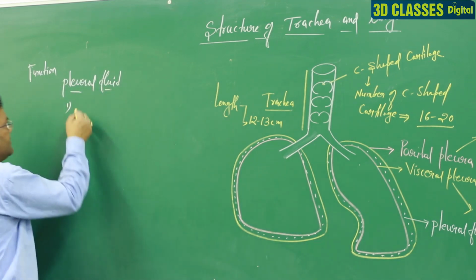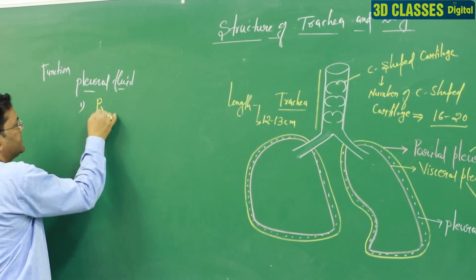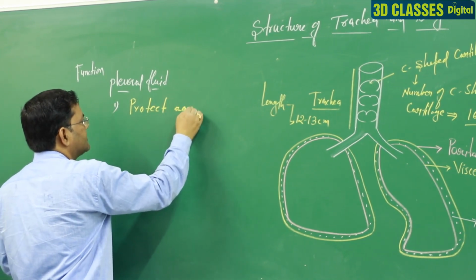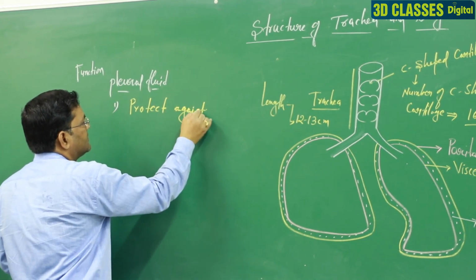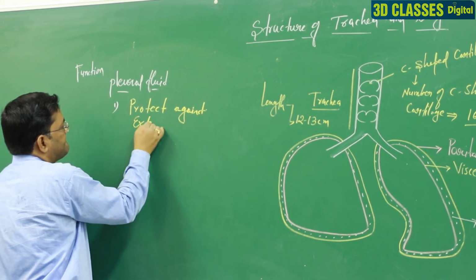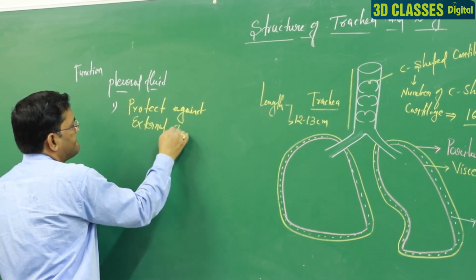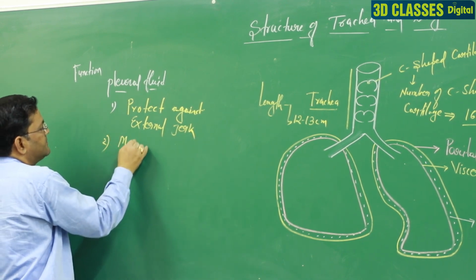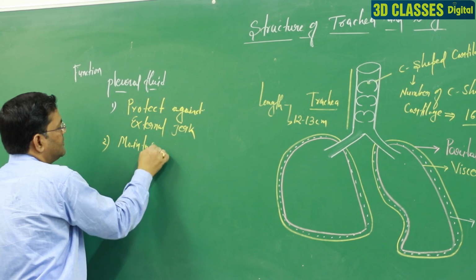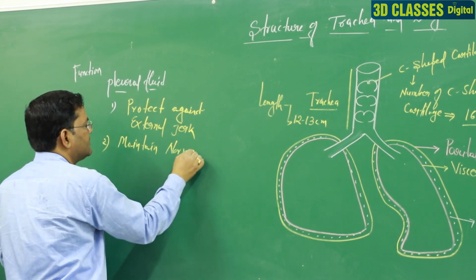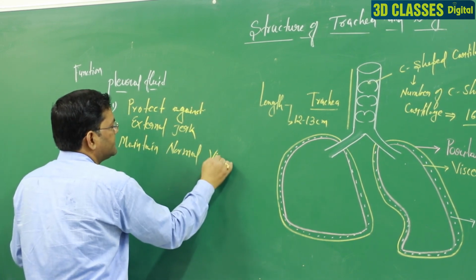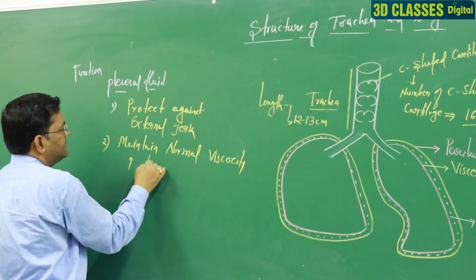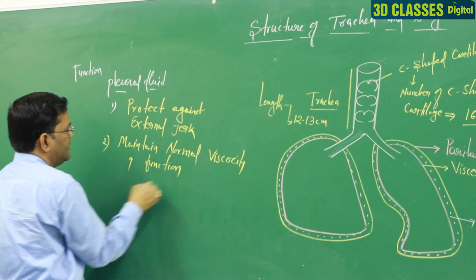So the main function of pleural fluid is to protect against external jerk. Second, maintain normal viscosity and function in the lungs.